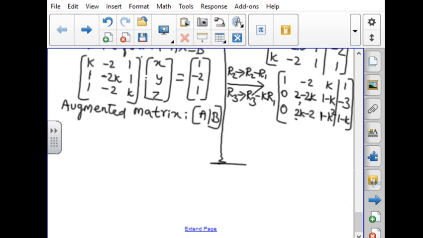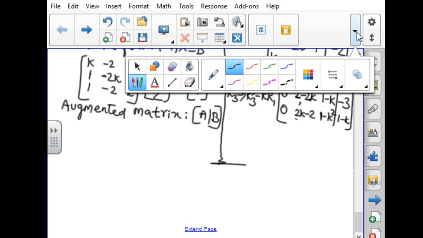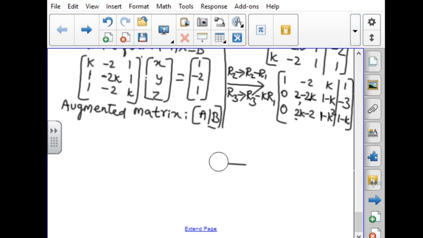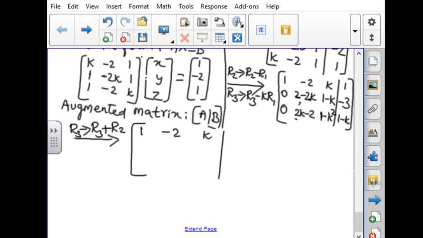So the next step is row 3 changes to row 3 plus row 2. The first row as it is, 1, minus 2, k, 1.